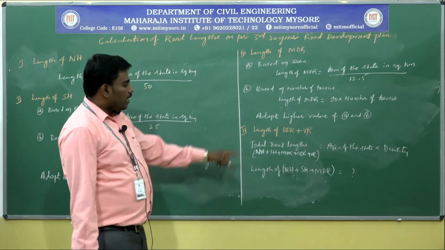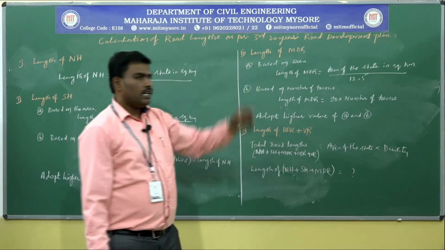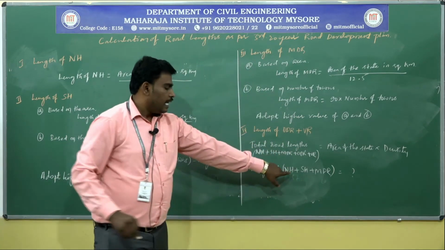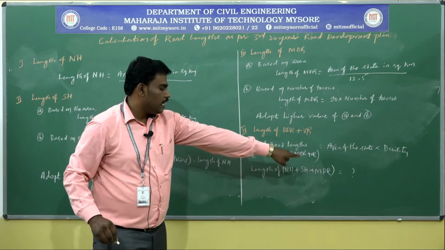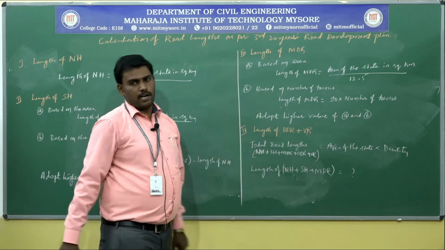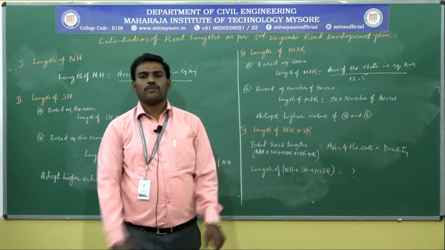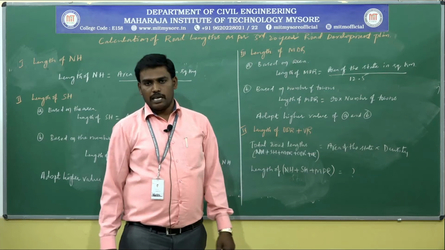Then if you want the length of ODR plus VR, it's very simple. Total road length minus length of SH plus NH plus MDR. So total road length minus this will give the ODR plus VR length.